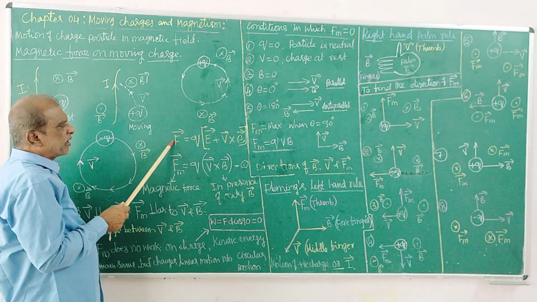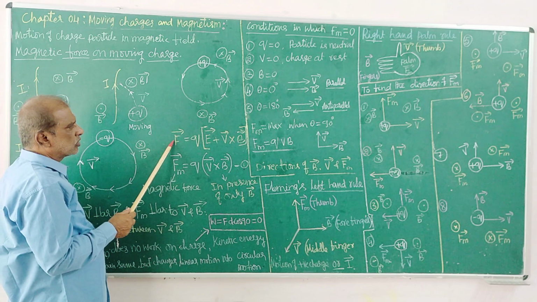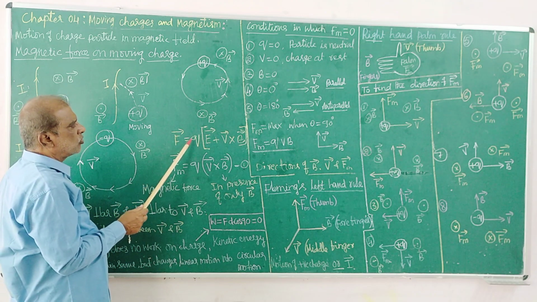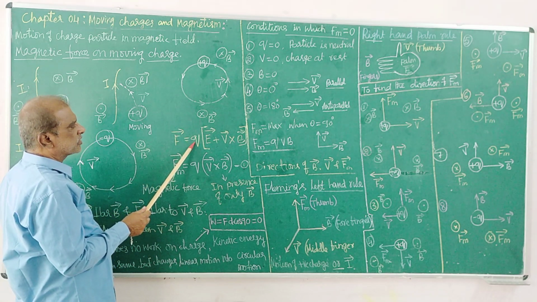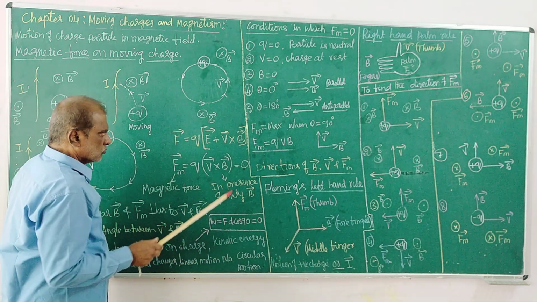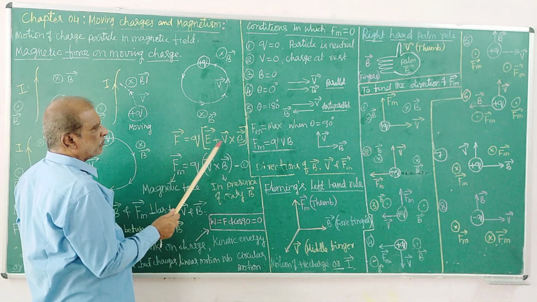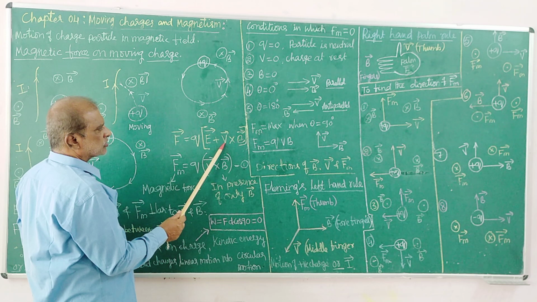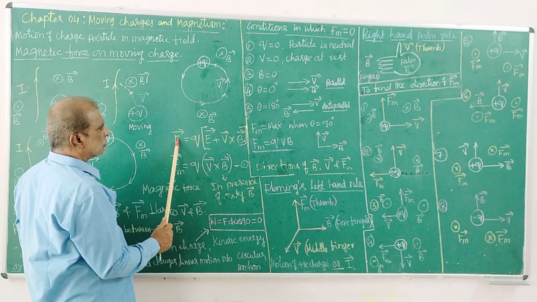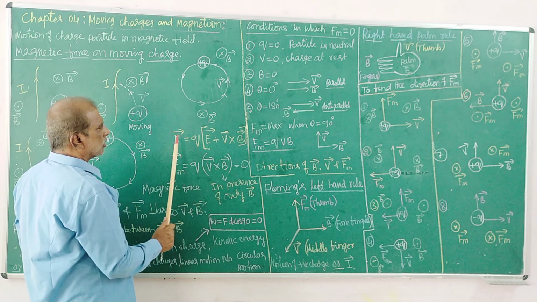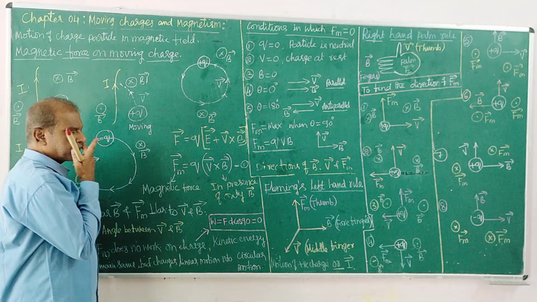The magnitude of force depends on the amount of the charge the particle is carrying, the magnitude of E, and the magnitude of velocity V. It depends on both vector and magnitude.